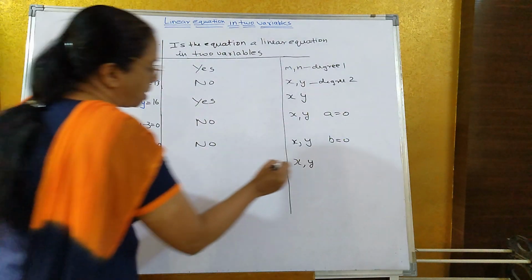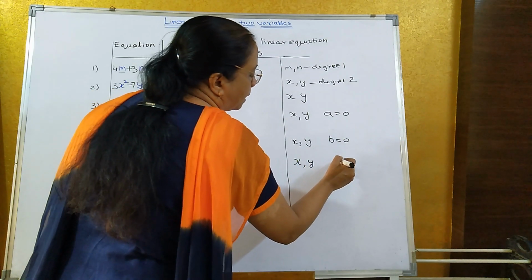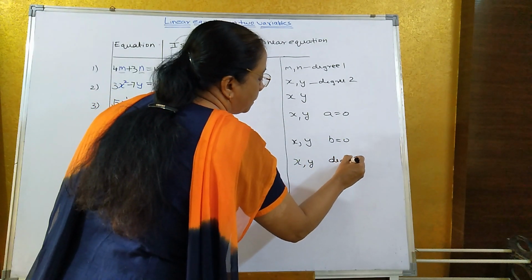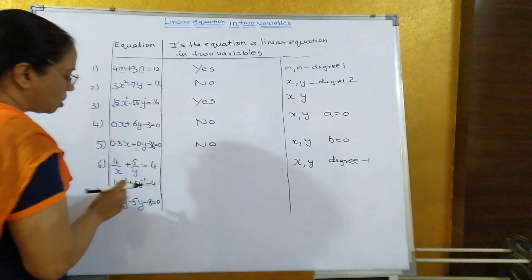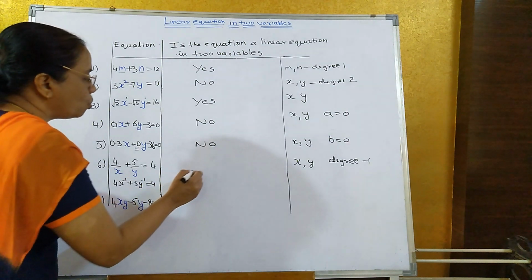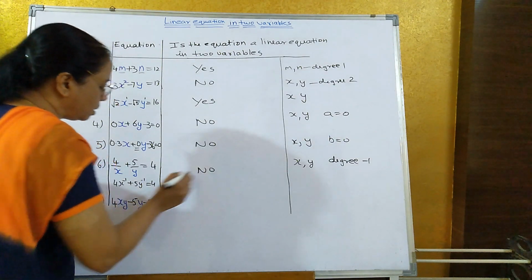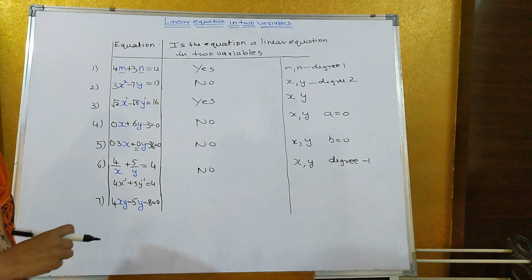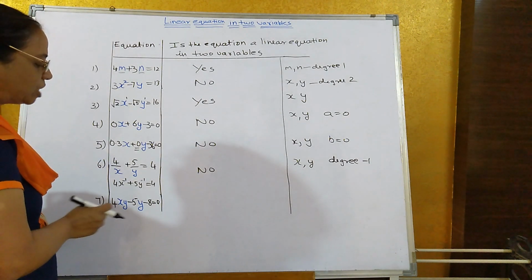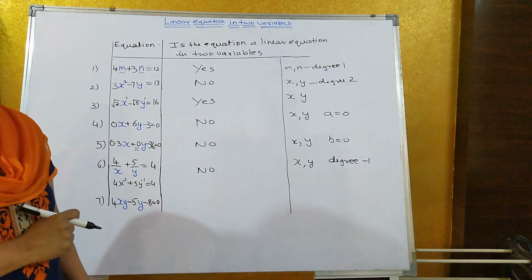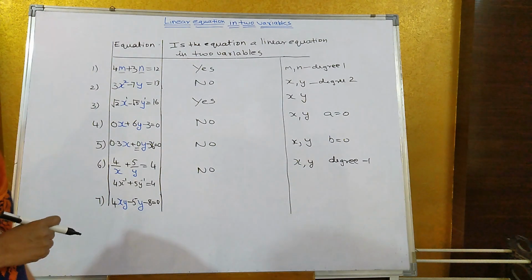Since the degree is minus 1, therefore it is not a linear equation in two variables, but we can convert this into a linear equation in two variables that we will be studying in exercise 1.4. I'll explain that time how you can convert this equation into a linear equation in two variables.